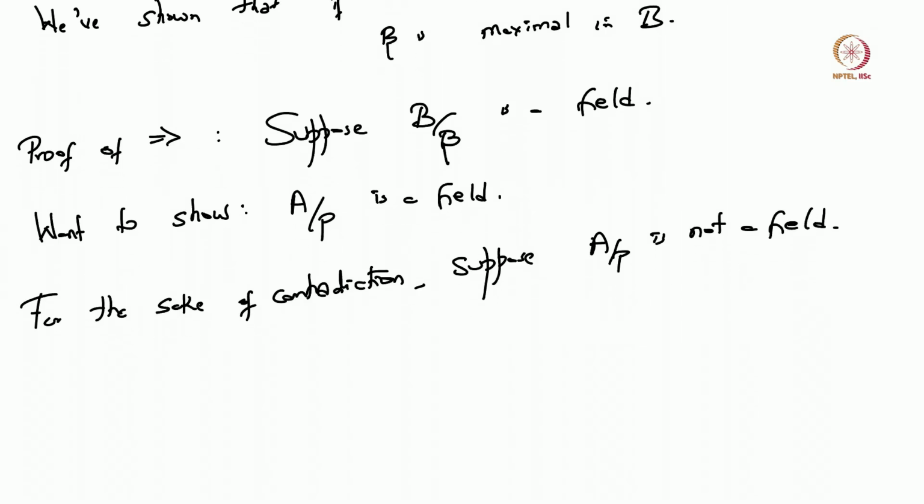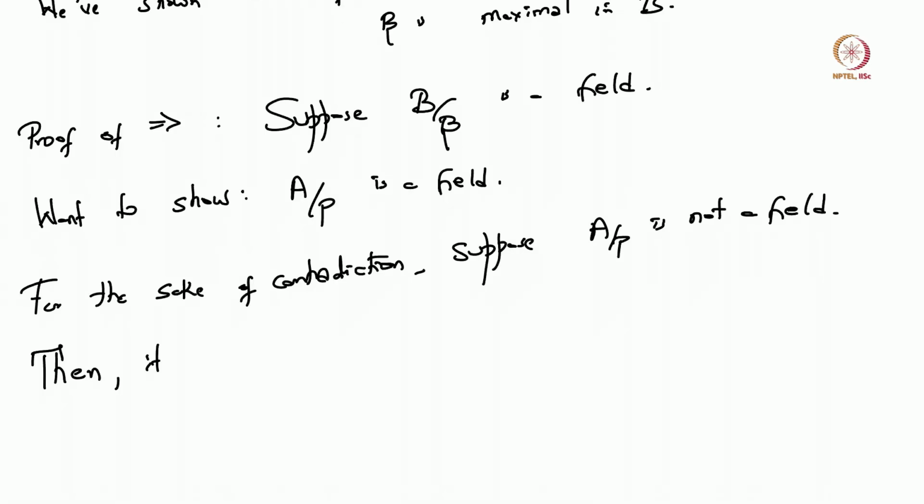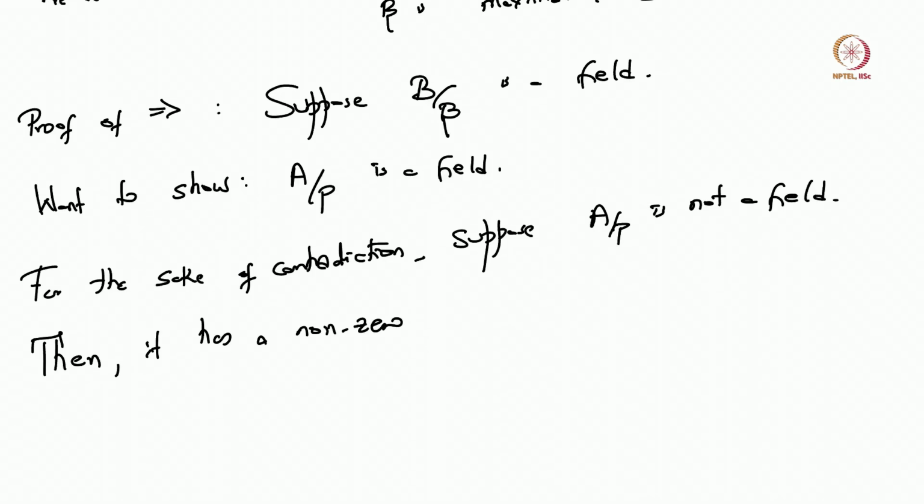Well, if it's not a field, it's a domain, and it will have a non-zero maximal ideal. If the only maximal ideal was 0, then it would be a field. So A over P has a non-zero maximal ideal. Call it q.